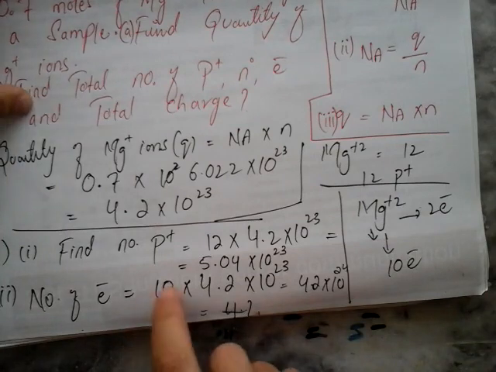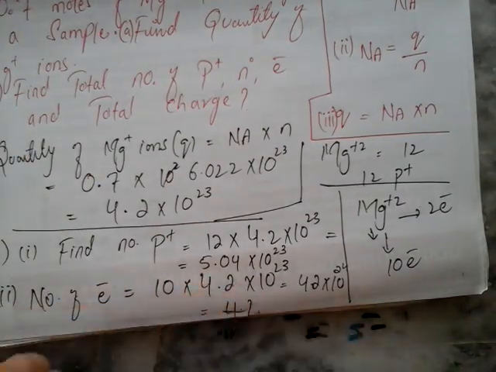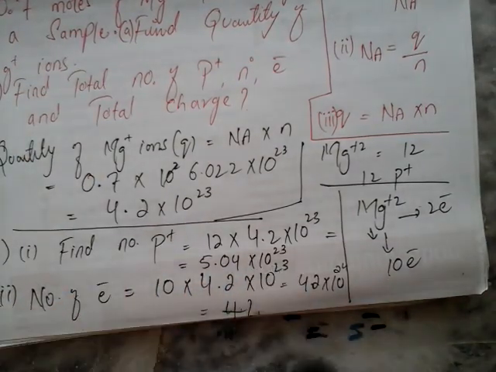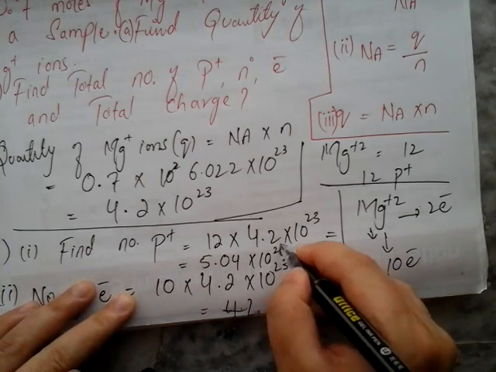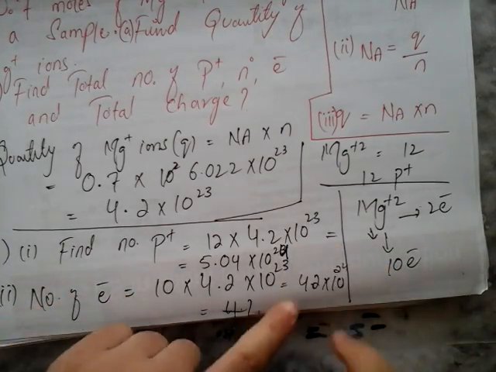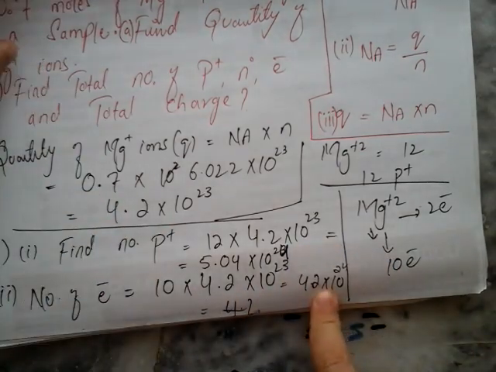After calculating, the protons would be 5.04 into 10 raised to power 24, and the electrons would be 4.2 into 10 raised to power 24.